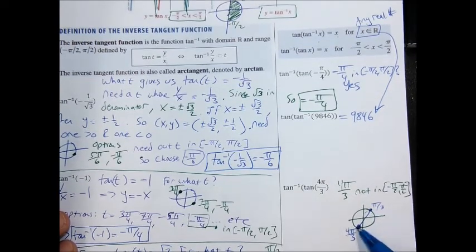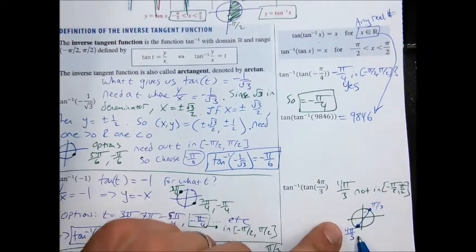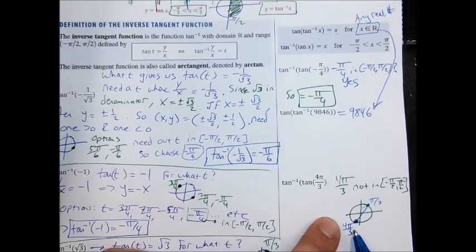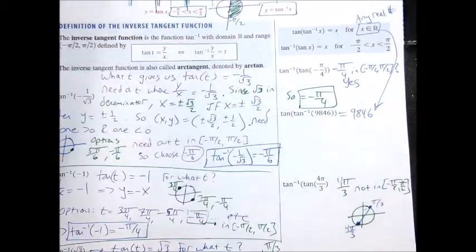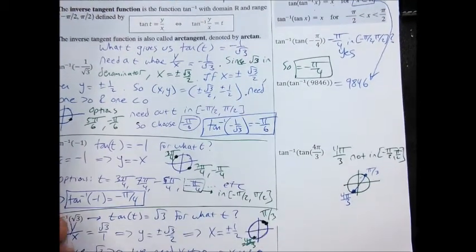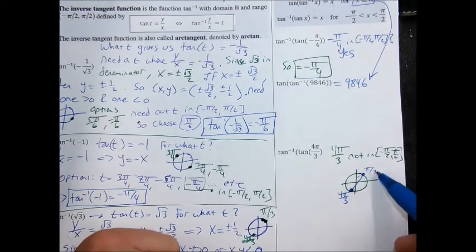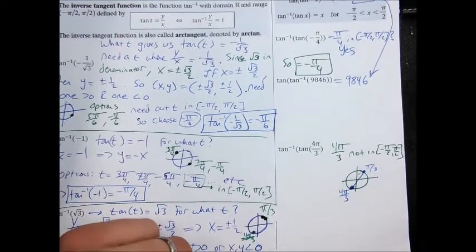They're going to have the same points, except the bottom one, 4 pi over 3, they're both negative, and the pi over 3, they're both positive. But when you divide the two, you'll get the same answer. And so pi over 3 is just as good of an answer as 4 pi over 3.